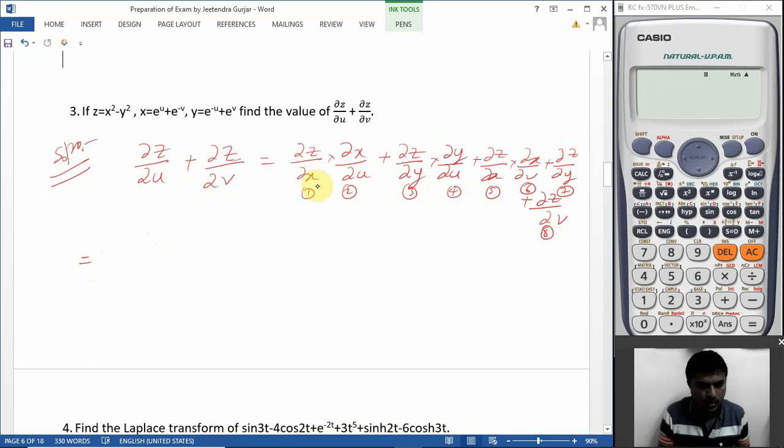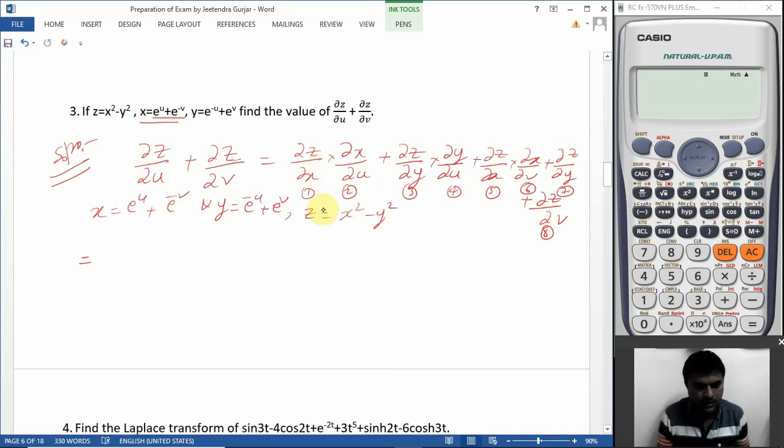So dou z upon dou x. Please remember, x is e raised to u plus e raised to minus v, and y is equal to e raised to minus u plus e raised to v. So only these two, x and y, are there. Go on simplifying this, and z they have given here, z is equal to x square minus y square.